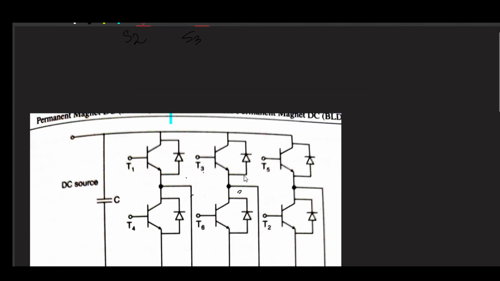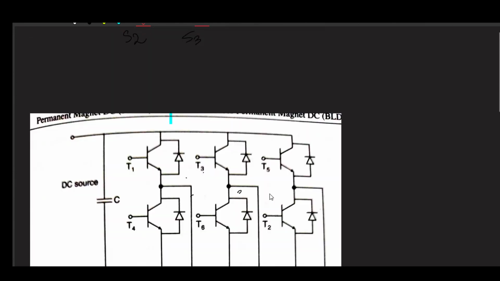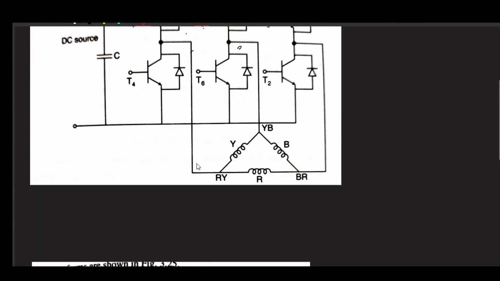What we are writing is rotor position. So why rotor position? It is 0 to 60-degree, that is so important here. Try to understand that when you are developing a particular current, it produces a field and that gives you a particular shift.